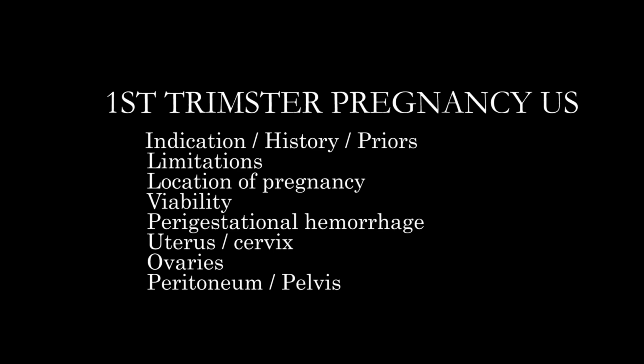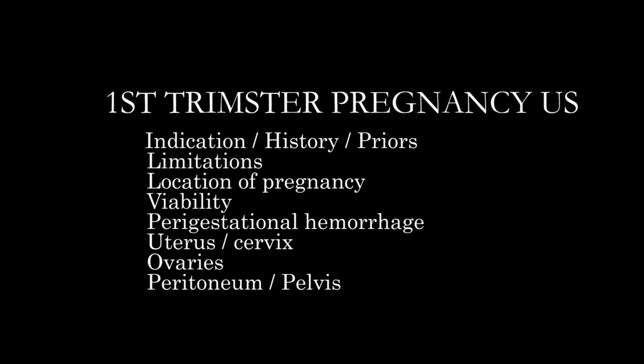Okay, so as a recap, how do we approach the first trimester pregnancy ultrasound? We get a sense of what's going on with the patient: their symptoms, prior imaging, their last menstrual period or expected gestational age.